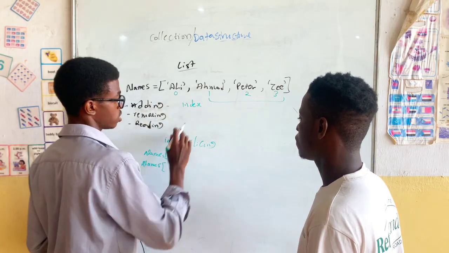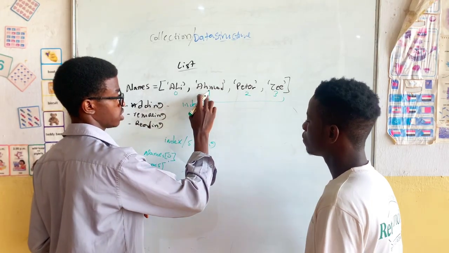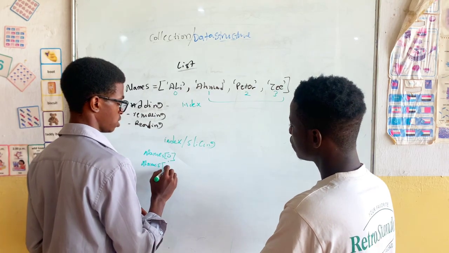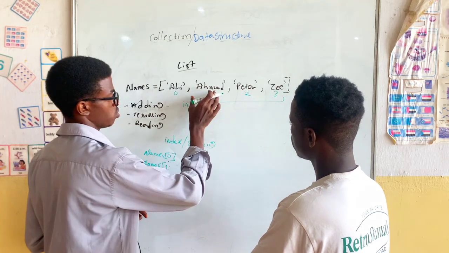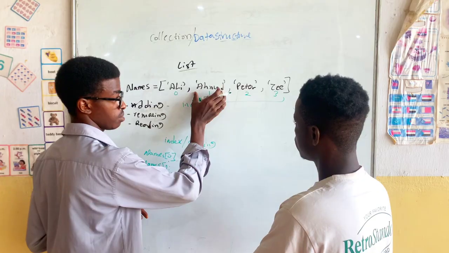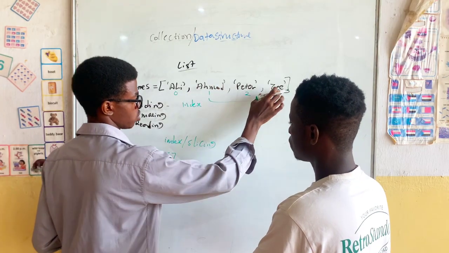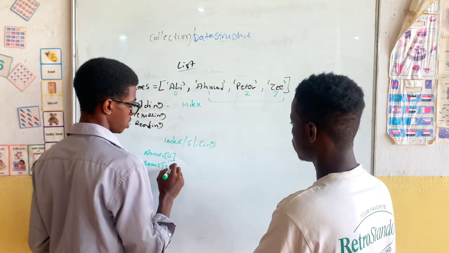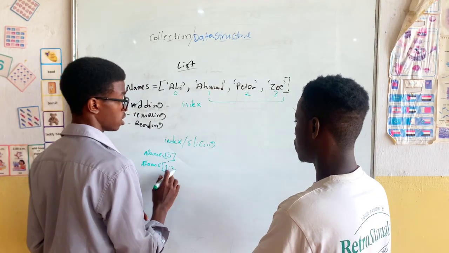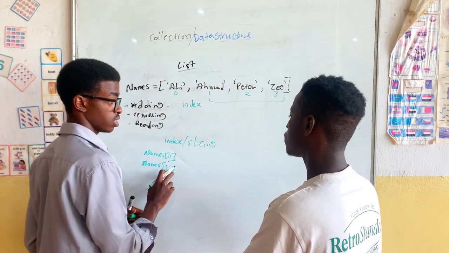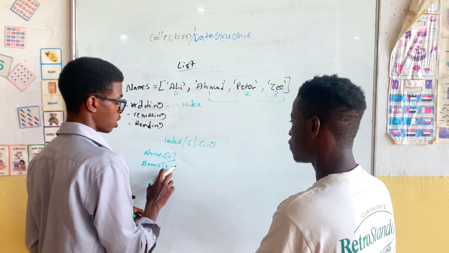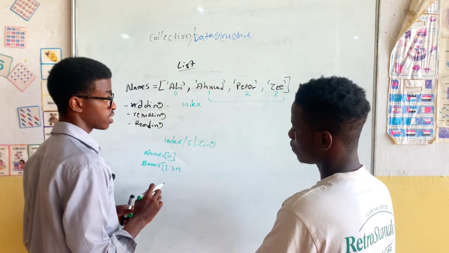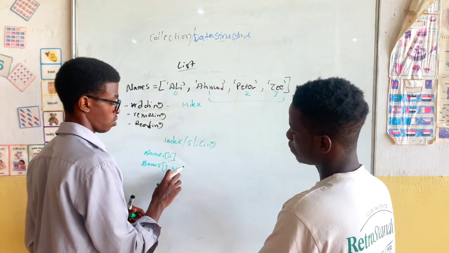So I'm going to start from index 1. This is the position of Ahmad, right? Yes. So we start taking our elements from here, then we show them all the way to here. Since Z is at index 3, we put 3, but after you put it, you have to add 1. Every time you have to add 1.